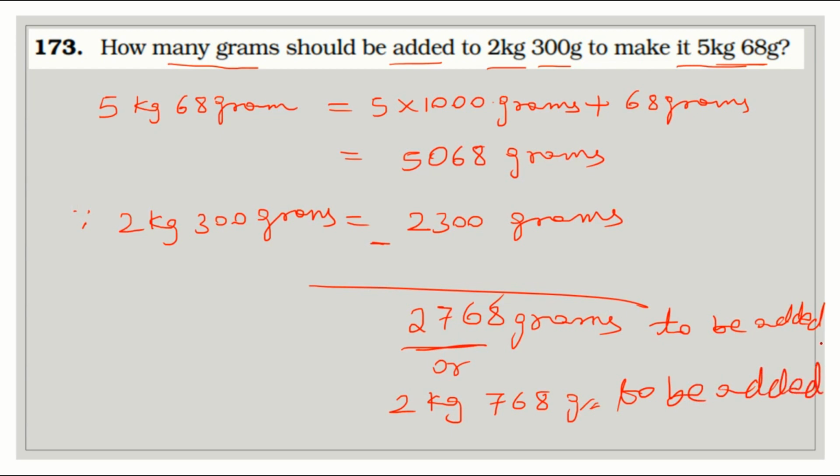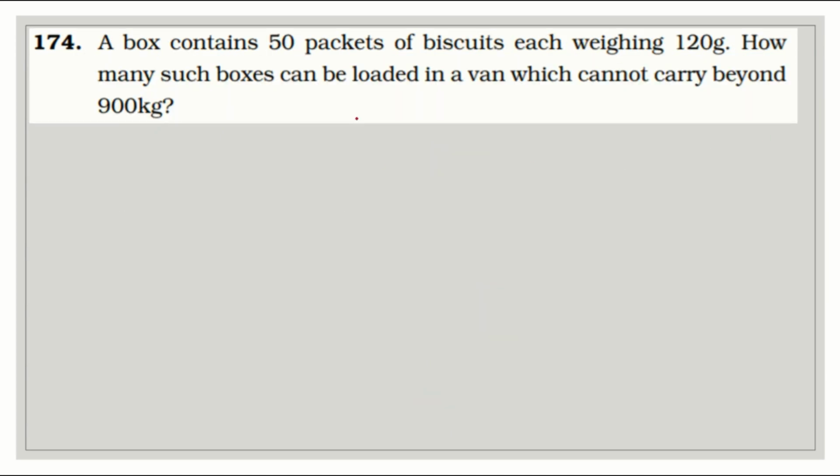Now coming to question number 174. A box contains 50 packets of biscuits, each weighing 120 grams. How many such boxes can be loaded in a van which cannot carry beyond 900 kg?